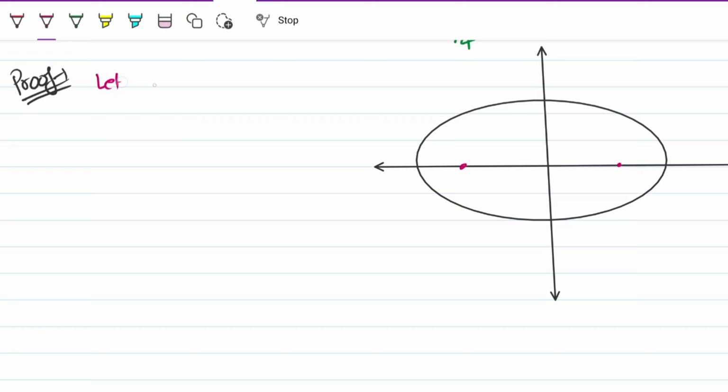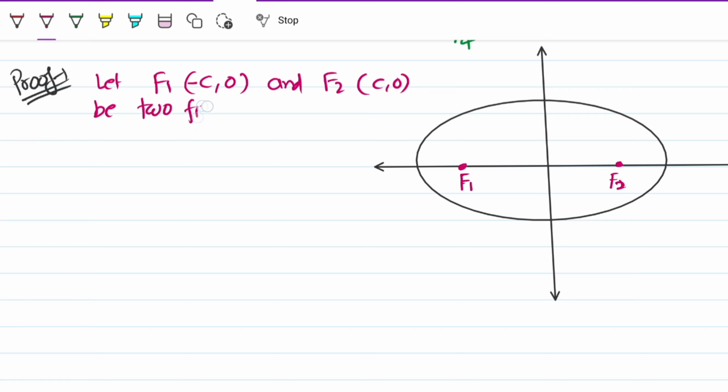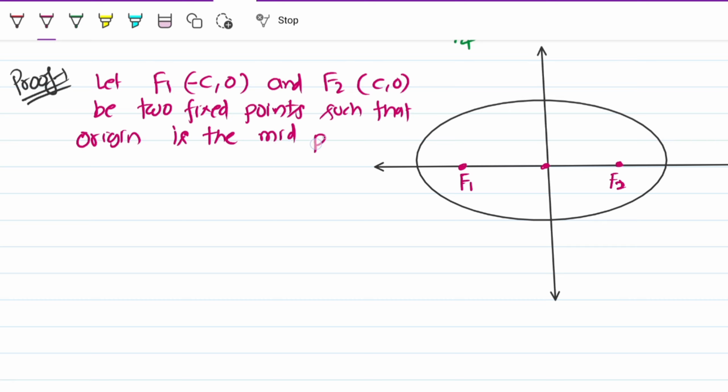To prove the standard equation of the ellipse, we will let F1 and F2 be two fixed points. Suppose this is F1, this is F2. Let F1 have coordinates minus c comma 0, and F2 have coordinates c comma 0, such that the origin is the midpoint.